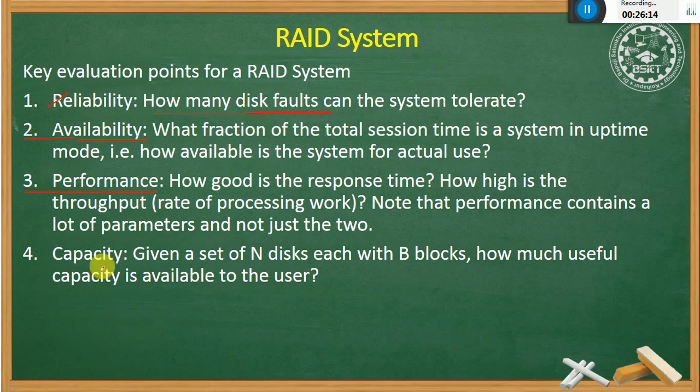And capacity: if you have a number of disks and the same data is mounted on them, then we have the capacity to serve multiple users, multiple systems at a time. So availability, reliability, performance and capacity, these are the 4 advantages of a RAID system.